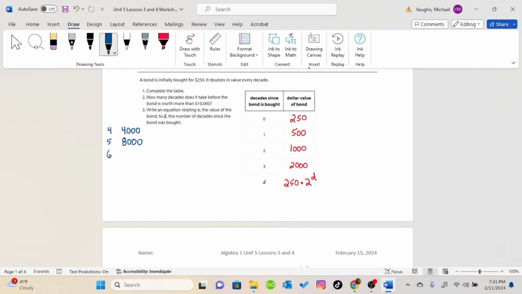And finally, after 6 decades, it would be worth 16,000. So it would take 6 decades to be worth more than $10,000.